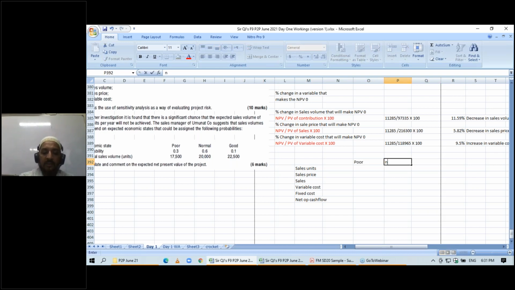So when there are various possibilities, you can calculate an expected value. So the sales units in poor condition are 17,500. In normal condition, it is 20,000. In case of good condition, 22,500, right? And the sales price is 3 in all cases.